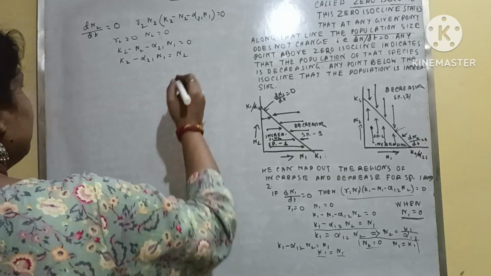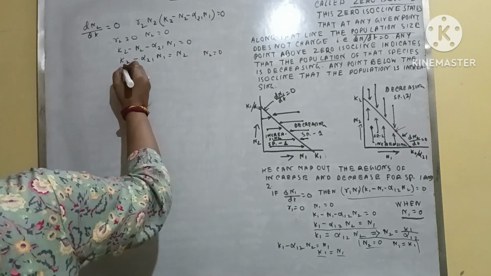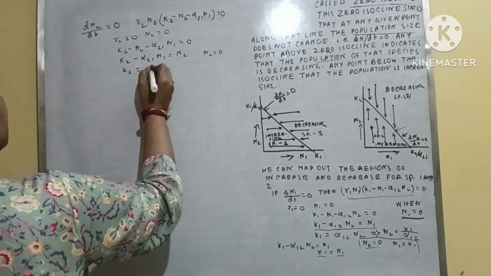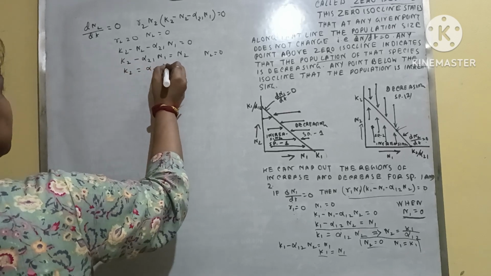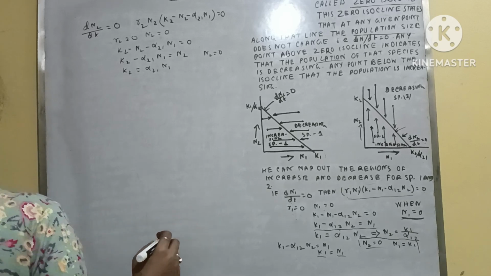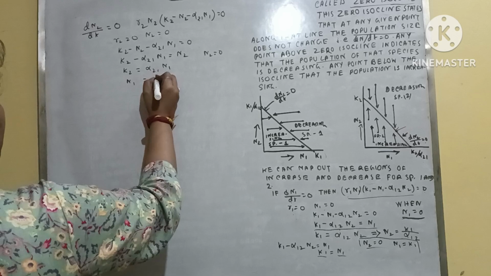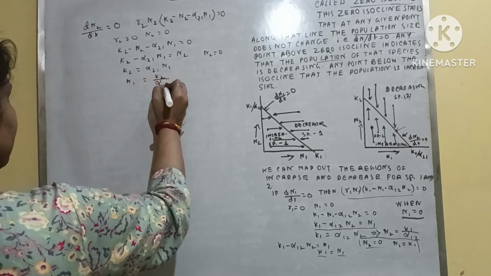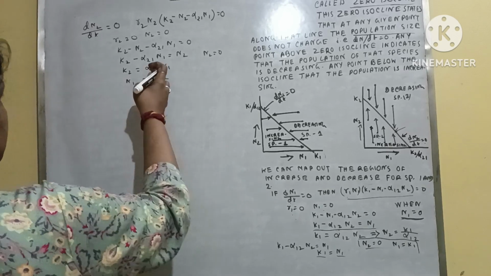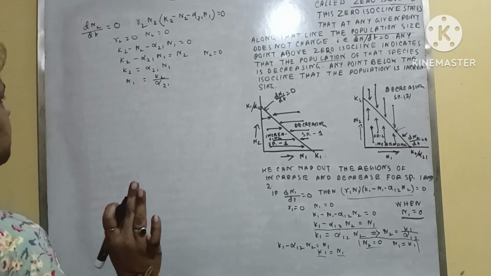Okay, now if N2 is 0, that means you can write K2 is equal to alpha 2 1 N1. So now you can write N1 equals K2 by alpha 2 1. That means K2 by alpha 2 1 equals N1.